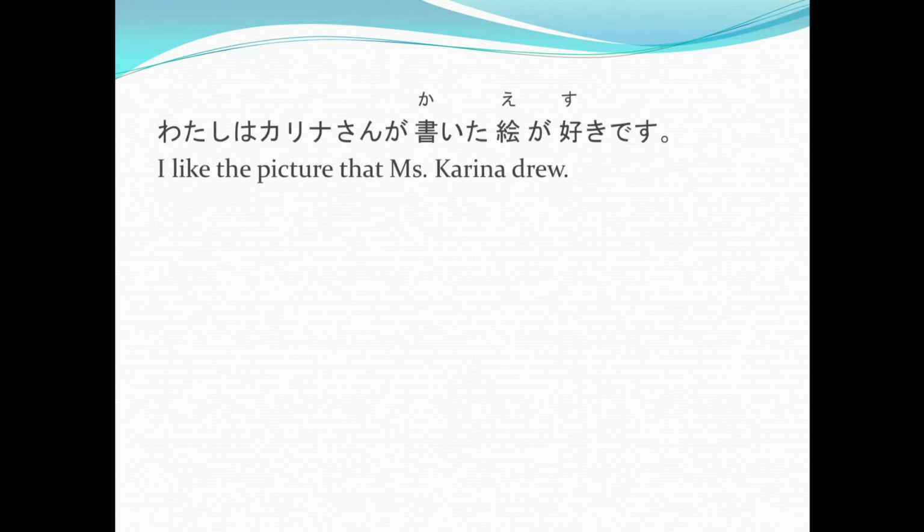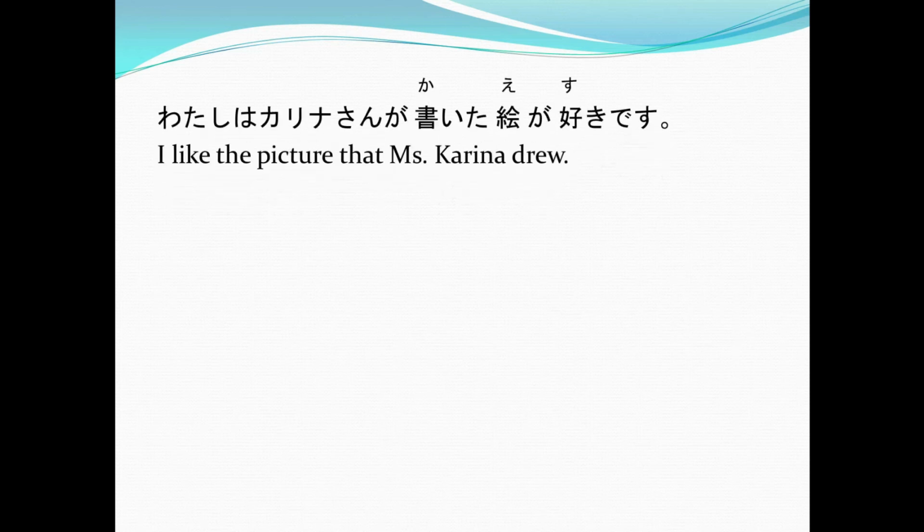Other examples that I prepared for you guys is 私はカリナさんが描いた絵が好きです。Or, I like the picture that Miss Karina drew. Which part of this sentence is the noun modifier? Correct. It's the Karina-sanが描いた絵.